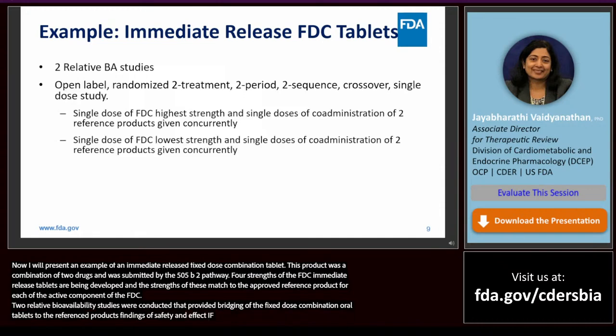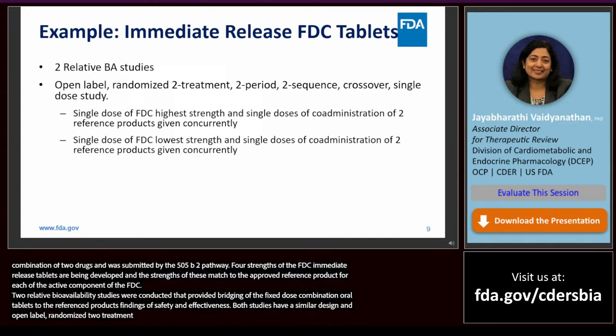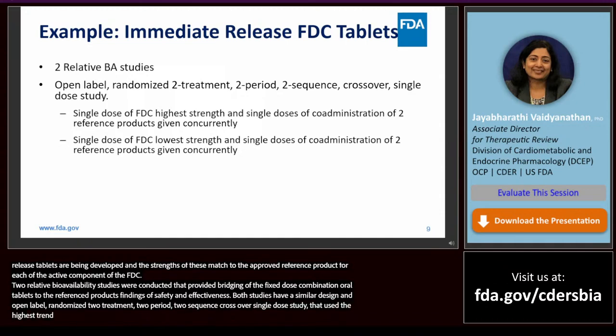Both studies were similar design, an open-label randomized 2 treatment, 2 period, 2 sequence crossover single-dose study. One study used the highest strength, and the second study evaluated the lowest strength and compared to the single doses of co-administration of two reference products given concurrently.